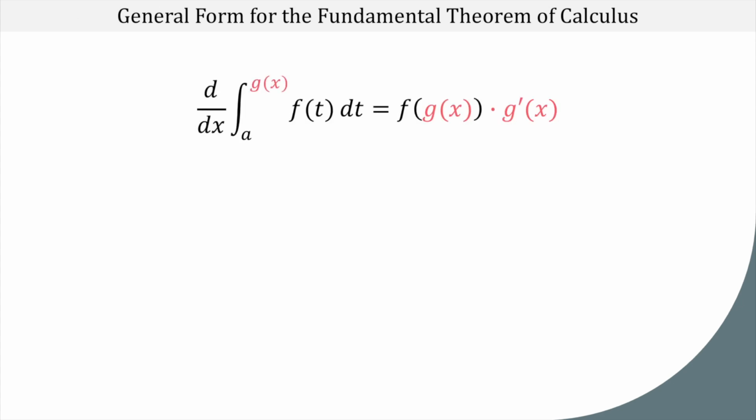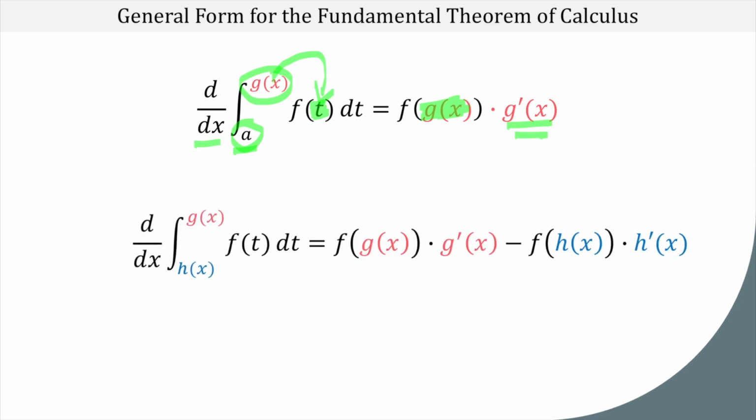So a more general form for the fundamental theorem of calculus looks like this. If you're taking the derivative of an antiderivative, but you're going from a constant to a function, then the function gets plugged in to where t is. Then you have to take the derivative of that function.